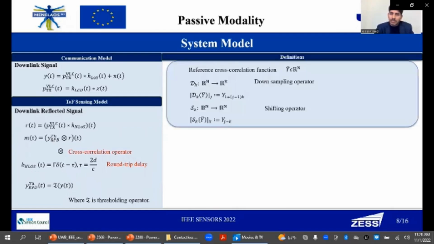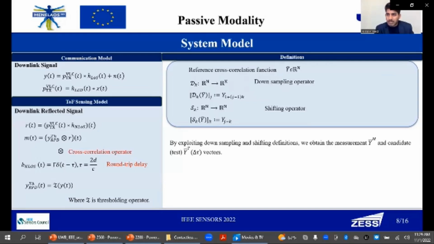In order to emulate the whole passive sensing pipeline, we took the reference cross-correlation function from the experimental data as an optical signal, and then, exploiting the downsampling operator and shifting operator definitions, we are able to attain the measurement and candidate test vectors.